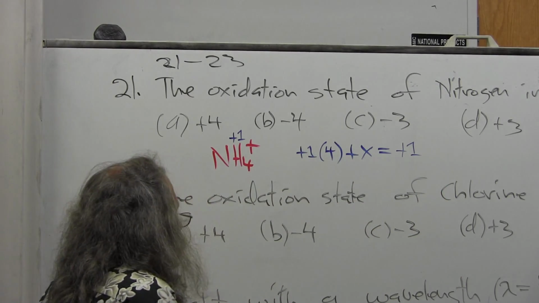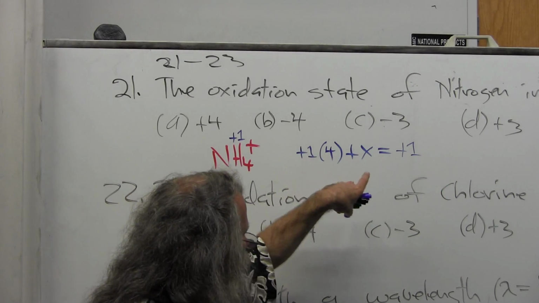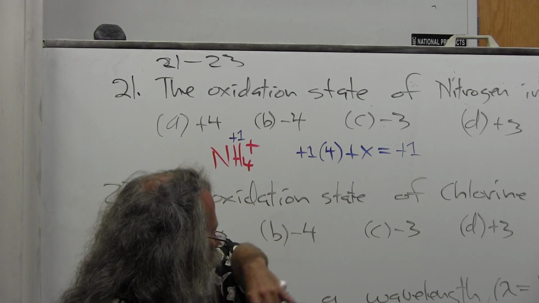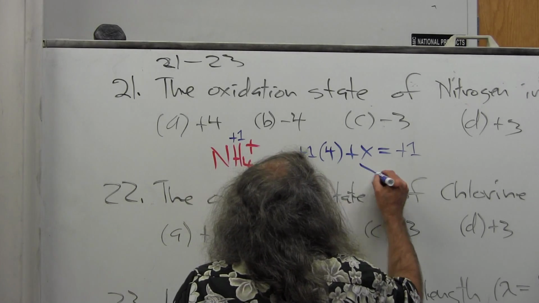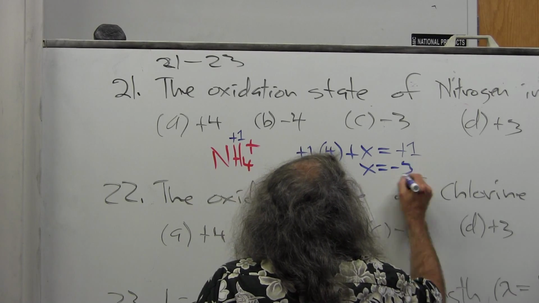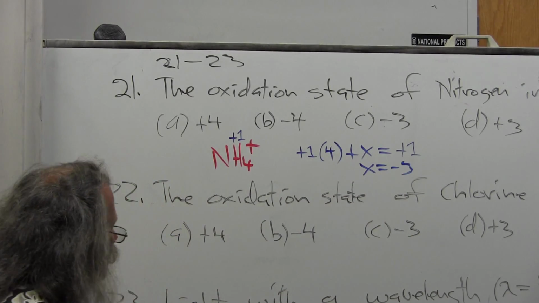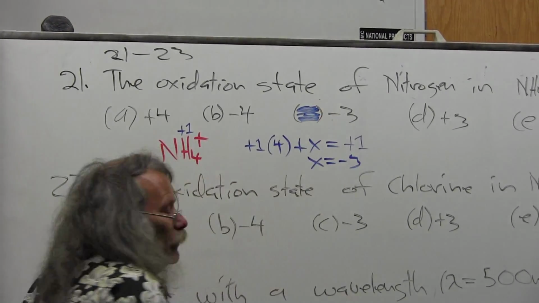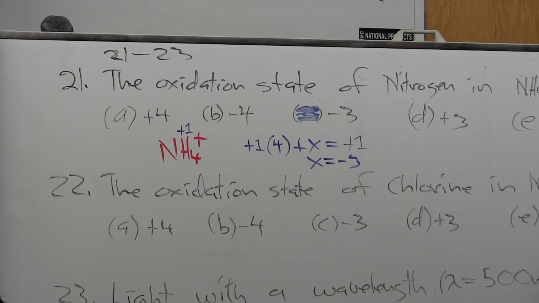And so +1 times 4 is +4, plus X equals +1, so I subtract 4 from both sides, and X is equal to -3. And so this would be option C, which you will fill in on your scantron.